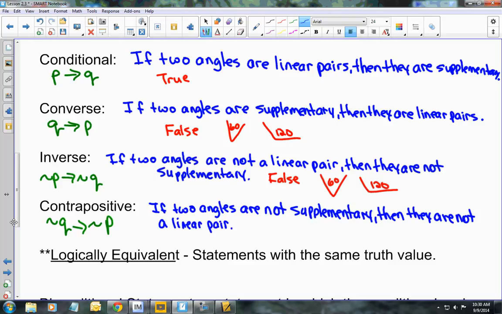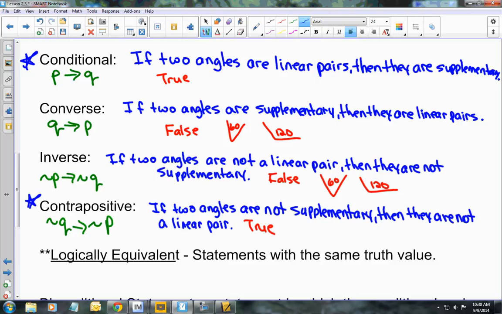Is that true or false? That one's true. Okay, now we notice that our conditional and our contrapositive have the same truth value, don't we?